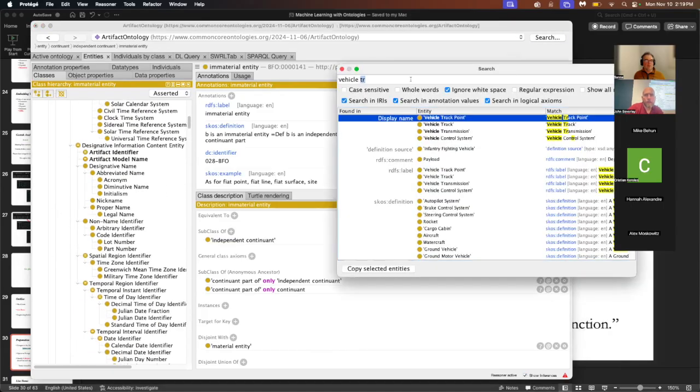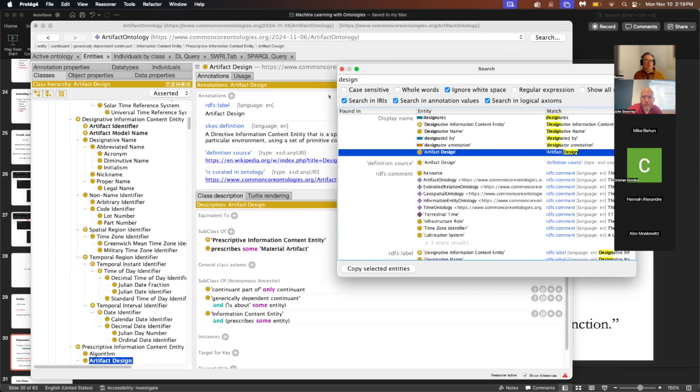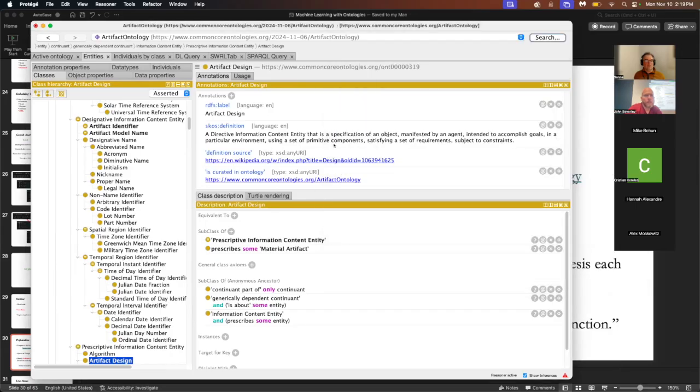We have this artifact design, so directive information content entity, and so on, all the sorts of things that do the prescribing. When you're thinking about designing something, this is where it goes.